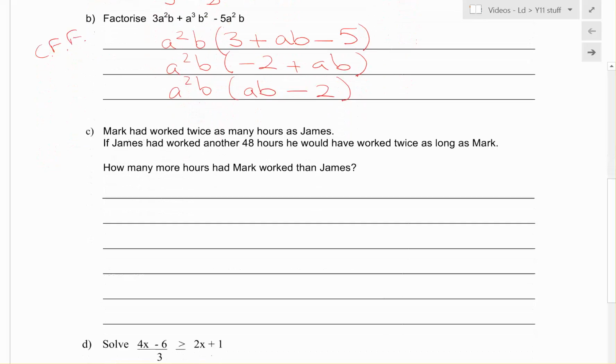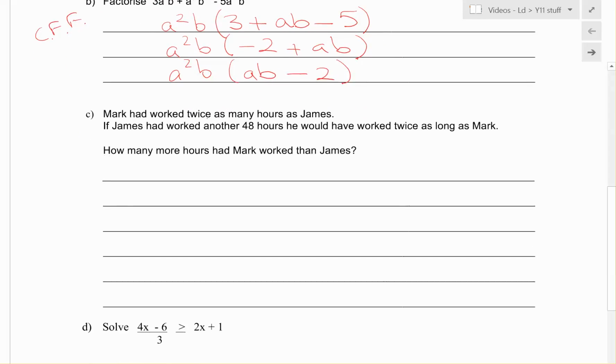Alright, part C. Mark had worked twice as many hours as James. So we've got Mark and we've got James. If James works x, then Mark is going to be 2x because he's worked twice as long. If James had worked another 48 hours, he would have worked twice as long as Mark.